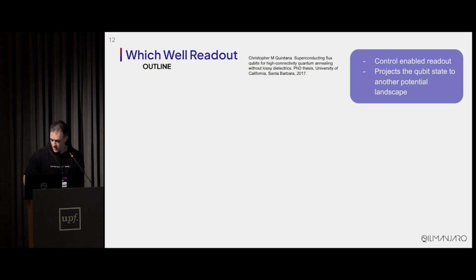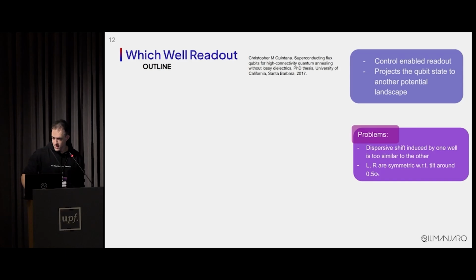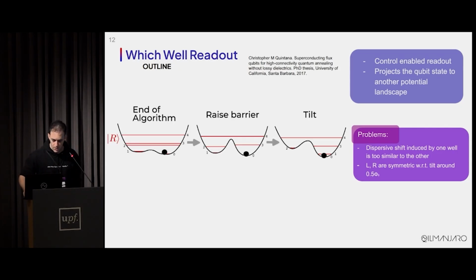So remember that the problems that we had is that the dispersive shift induced by the upper well and the lower well of the two-well potential is very similar, and then there is this symmetry around half phi naught. So what we can do is the following. Suppose you finish an algorithm with, say, a small barrier and a small tilt.